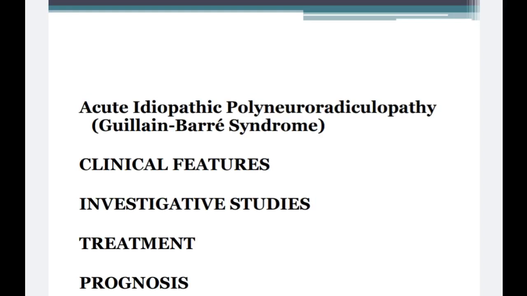There may be marked autonomic dysfunction with tachycardia, cardiac irregularities, labile blood pressure, disturbed sweating, impaired pulmonary function, and sphincter disturbances. Investigations. The CSF often shows a characteristic abnormality with increased protein concentration but a normal cell count, which is called albuminocytologic dissociation.